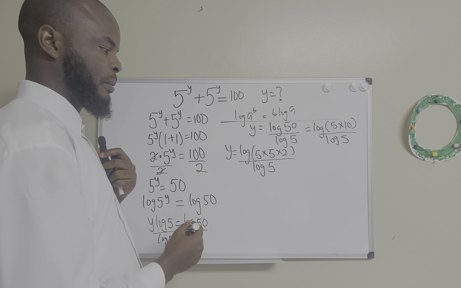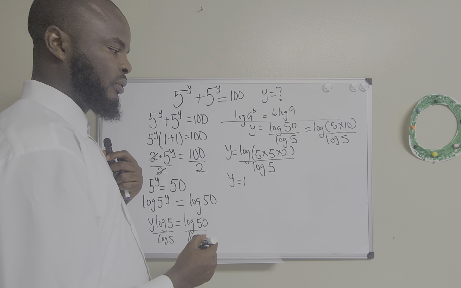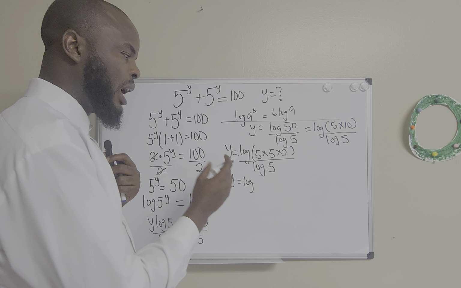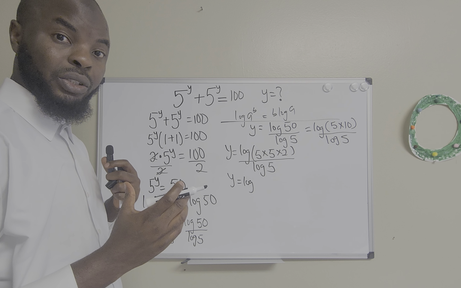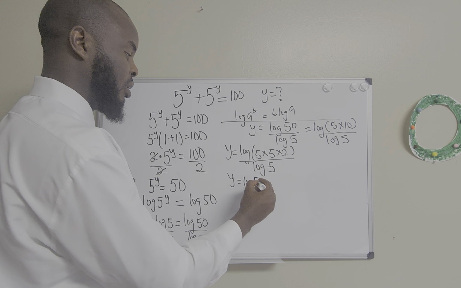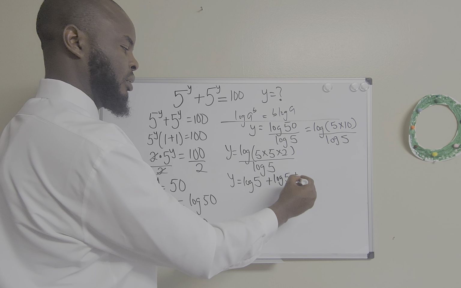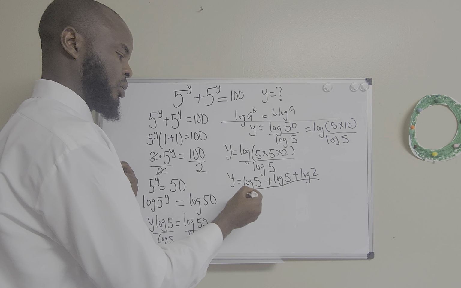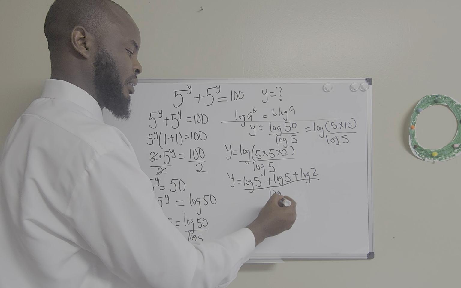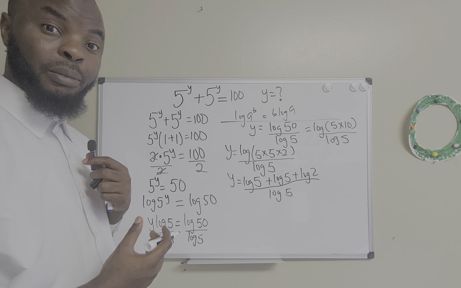So this is going to be y equals, using the law of logarithm also, when you have these being multiplied, you can separate the logarithm by using an addition sign. So this is going to be log 5 plus log 5 plus log 2, divided by log 5.